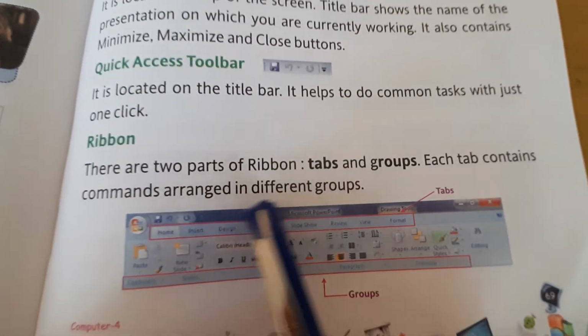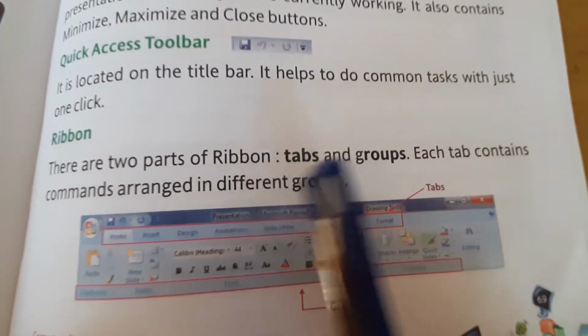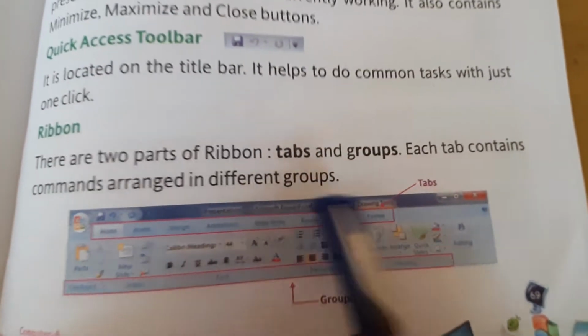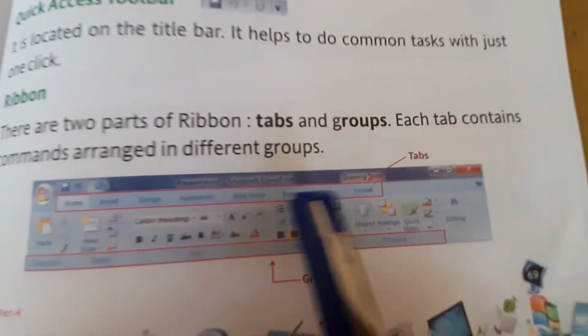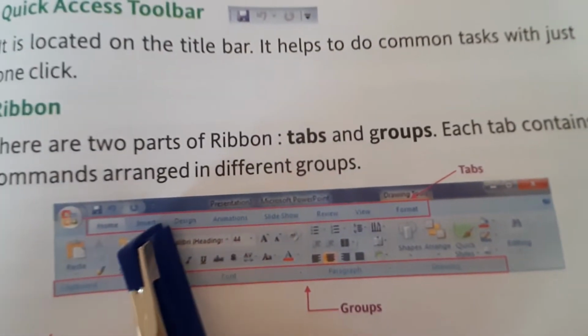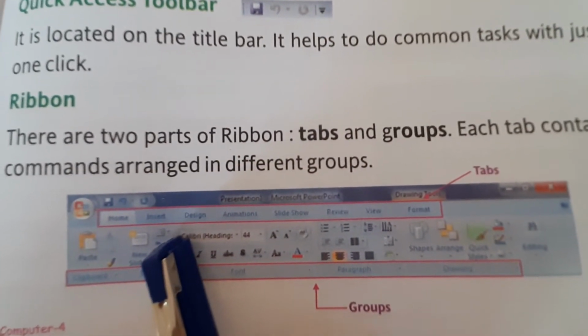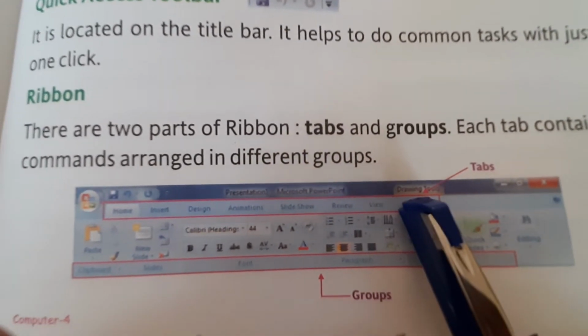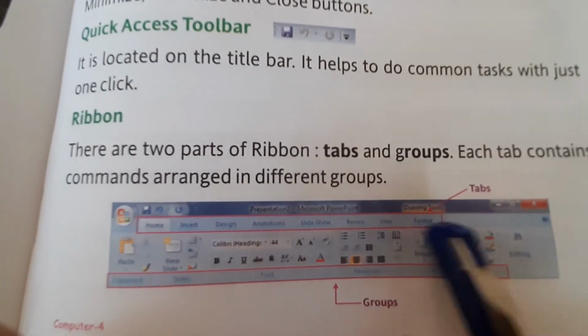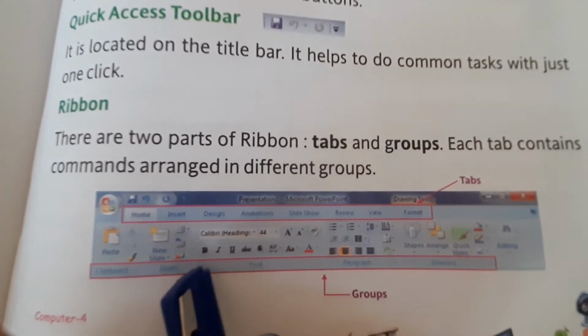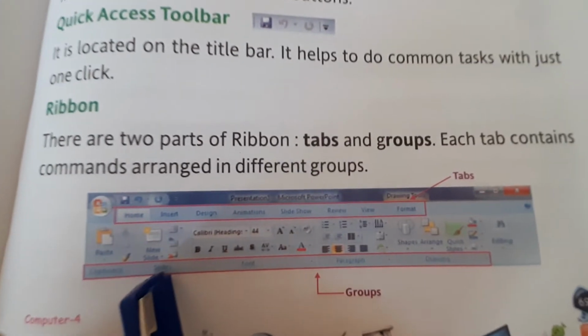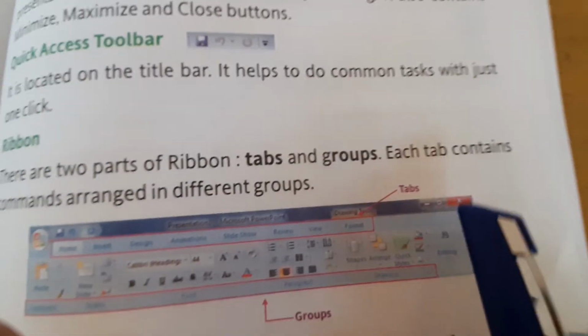Ribbon. There are 2 parts of the ribbon, that is tabs and groups. Various tabs are there, like Home, Insert, Design, Animation. Related to them there are various groups in which the commands are arranged.